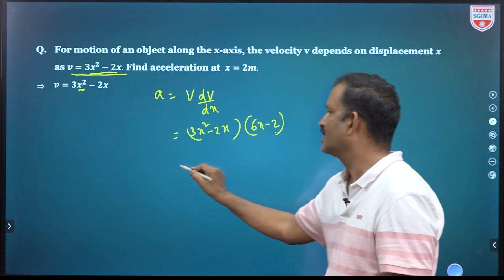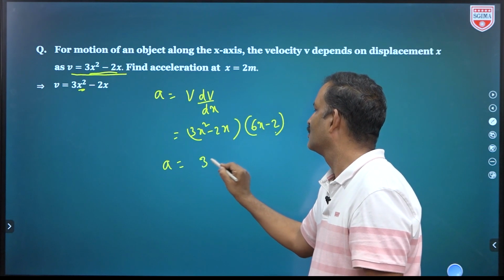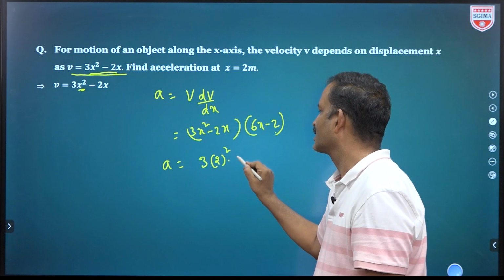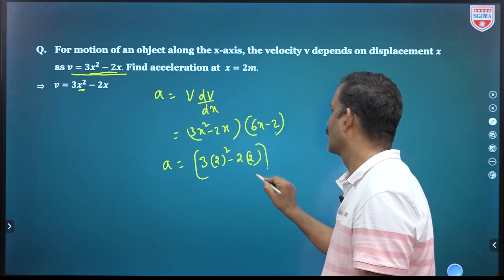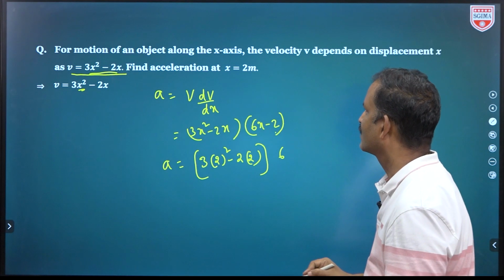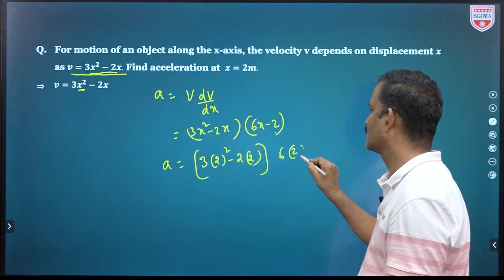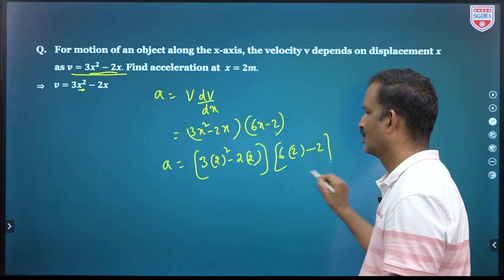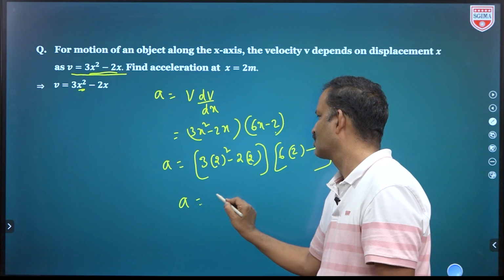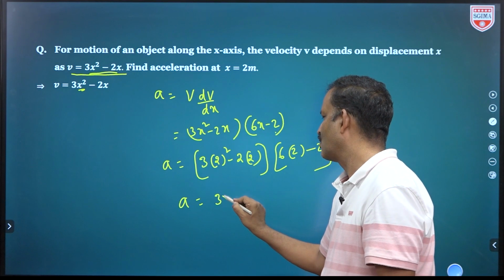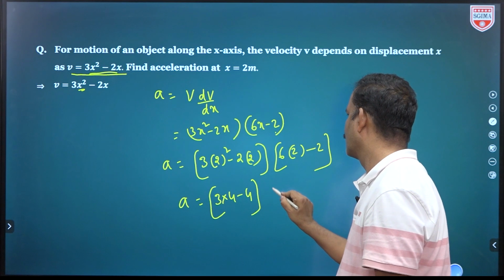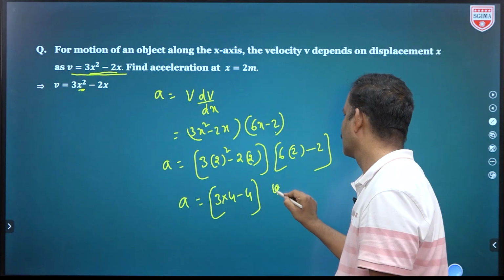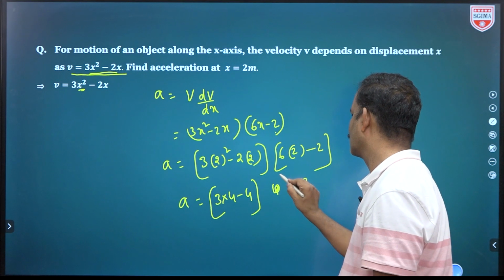Now I am substituting 3 into 2 square minus 2 into 2, and 6 into x value is 2 minus 2. So acceleration is equal to 3 into 4 minus 4, into 12 minus 2.